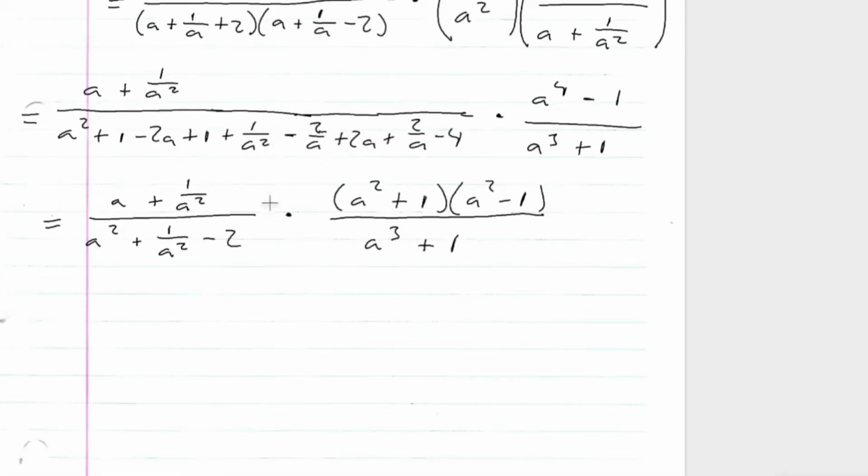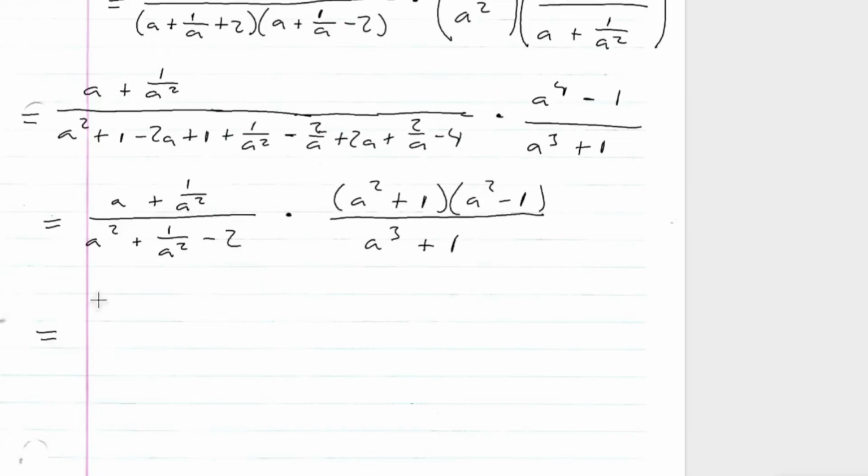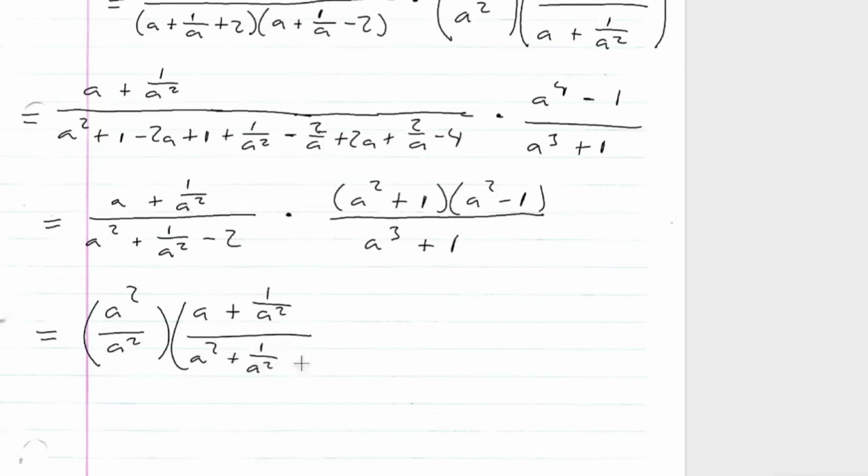Okay, so now I want to get rid of this a squared top and bottom. So I'm going to use the same trick I did here. I'm going to multiply top and bottom by a squared over a squared. a plus 1 over a squared over a squared plus 1 over a squared minus 2, and then times that a squared plus 1, a squared minus 1, all over a cubed plus 1.